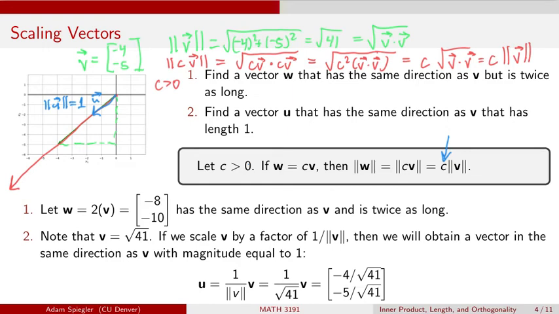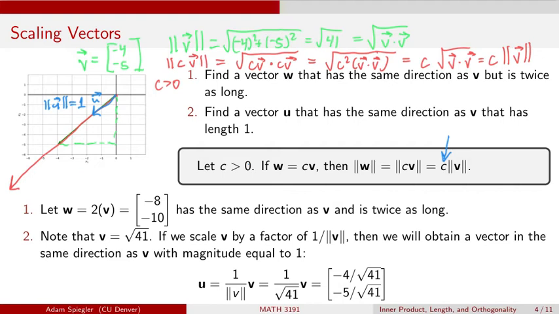That gives me a new vector u whose first entry is -4 over the square root of 41, and whose second entry is -5 over the square root of 41. So we scale each entry by 1 over the magnitude of v. And you can check that if you calculate the magnitude of this vector u, you will indeed get 1, and this vector has the same direction as the vector v that we started with.